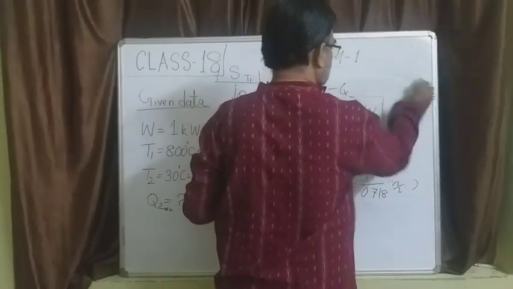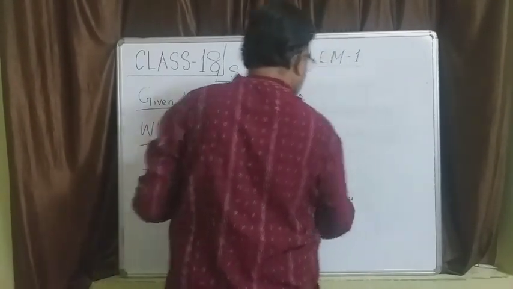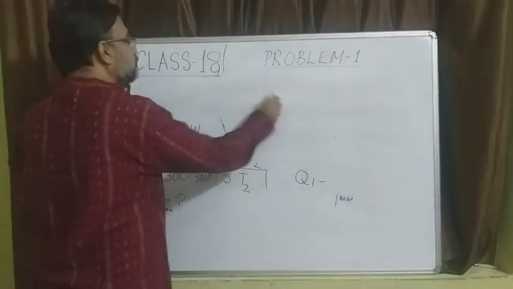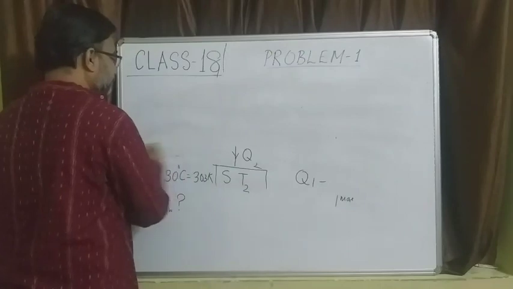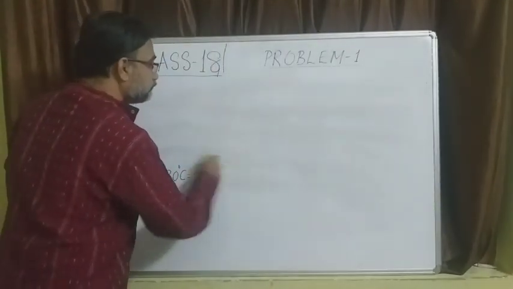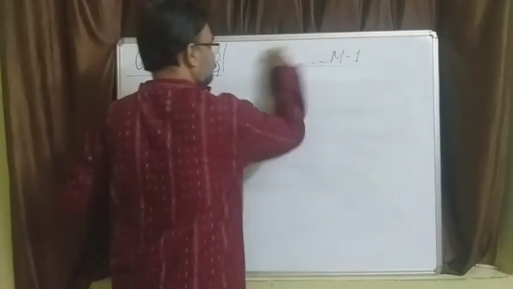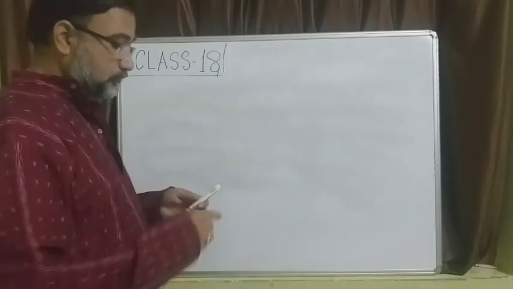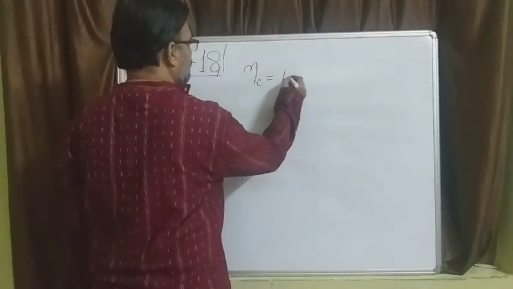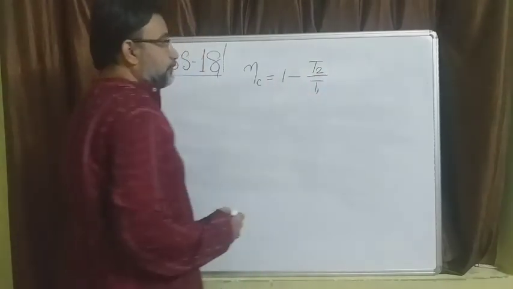Next is, see, again have a look at the Carnot cycle efficiency expression, that is 1 minus T2 by T1. Carnot cycle efficiency is 1 minus T2 by T1. Okay.